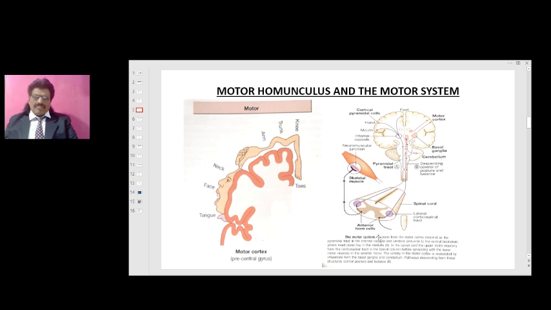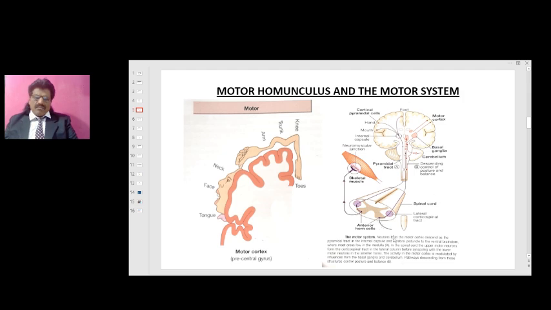So in the motor system, neurons from the motor cortex descend as the pyramidal tract in the internal capsule and cerebral peduncle to the ventral brainstem, where most cross low at the medulla oblongata. In the spinal cord, the upper motor neurons form the corticospinal tract in the lateral column before synapsing with the lower motor neurons in the anterior horn cells.